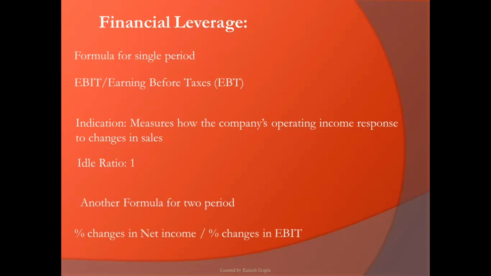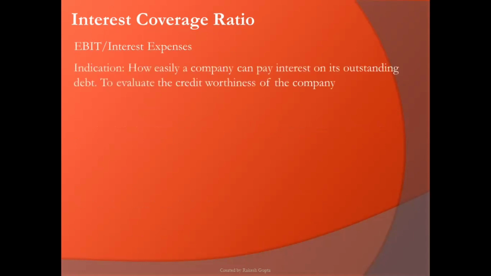Now move on. Interest coverage ratio. What is the formula? EBIT divided by interest expenses. It shows how easily a company can pay interest on its outstanding debt, to evaluate the creditworthiness of the company.